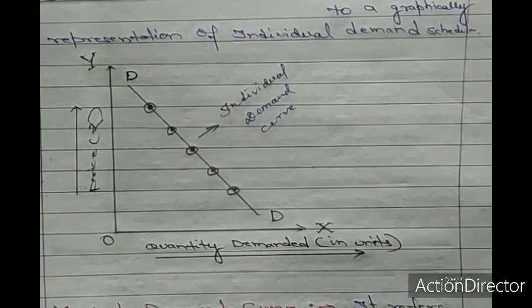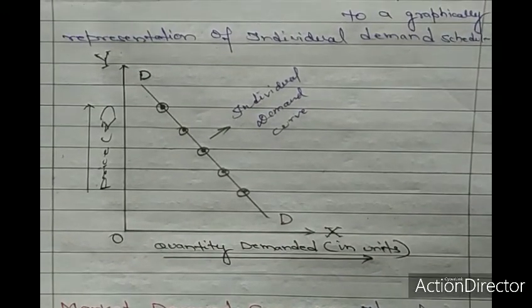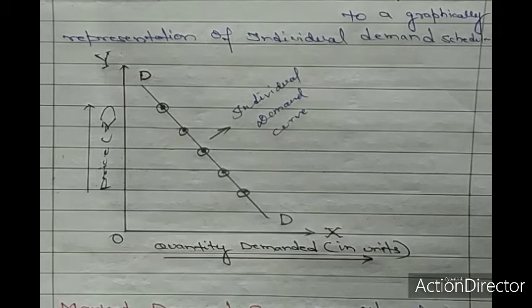Try to remember that schedule from the previous video, when the price was 5 rupees there was demand of only 1 unit, and when the price was 4 rupees the demand was 2 units.